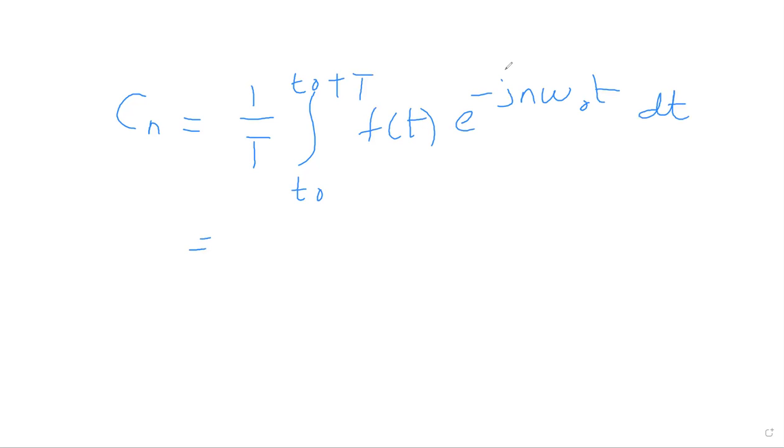The period we just found out is 1, so 1 by 1. Integration, t naught we assume as 0 and t naught plus T is equal to 1. And f of t we substitute from before, that is A sine pi t, and e to the power minus j n, in place of omega naught you substitute 2 pi t, dt.